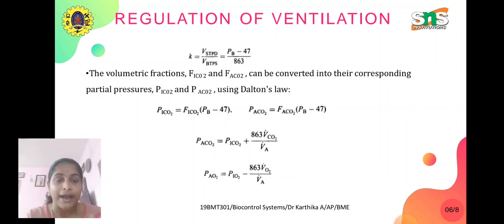Here PiCO2 is equal to FiCO2 of (PB minus 47) and PaCO2 is equal to FaCO2 of (PB minus 47). Here PaCO2 is equal to PiCO2 plus 863 VCO2 by VA. Here V is variable, and PaO2 is equal to PiO2 minus 863 VO2 by VA.